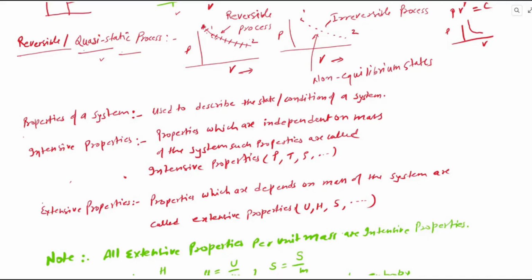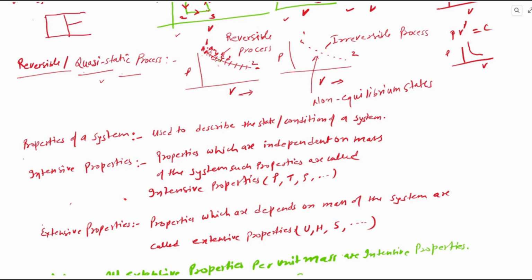When we reach state 1, then we reach here, for example this is A, B, C, D, E, F, up to state 2, right? So 1 to A, then equilibrium state A to B, B to C, C to D. In a reversible process, when we reverse the process, the system and surrounding will restore their initial state, right?